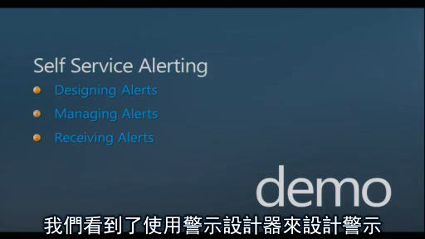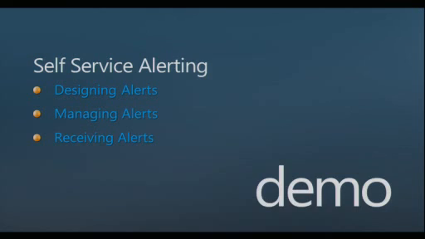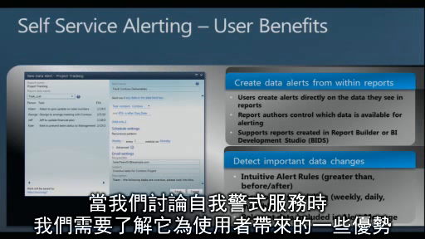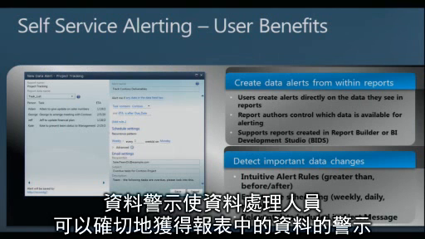Great. So within the demo, we saw designing alerts using Alert Designer, managing alerts using Alert Manager, and receiving alerts using email. So now let's summarize. So really when we talk about self-service alerting, there's a number of user benefits that we need to be aware of, right? So data alerts allow information workers to get alerts exactly on the data that they see in the reports.